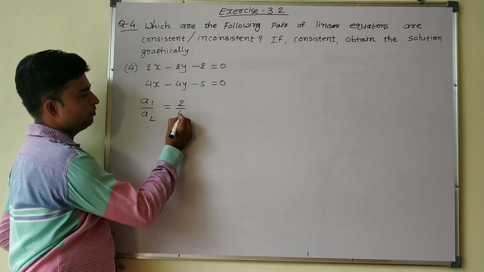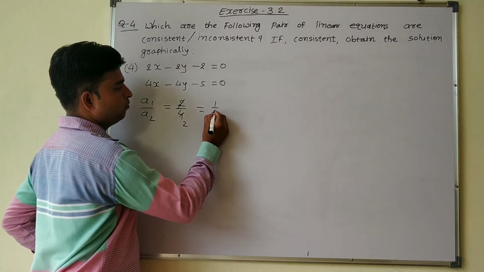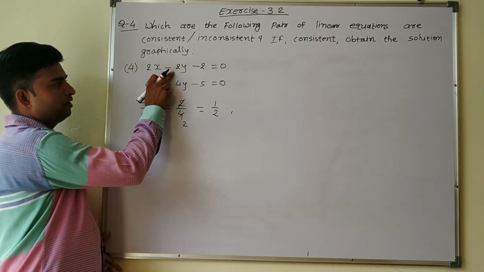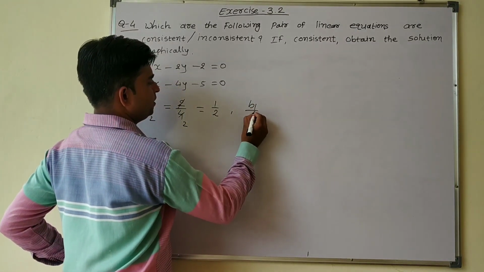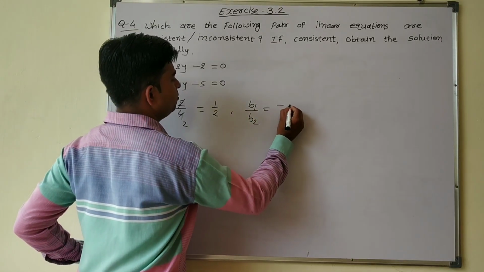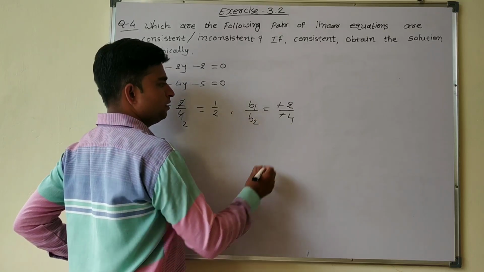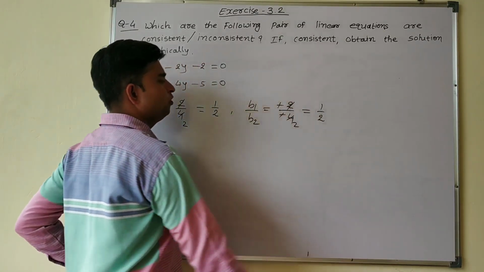So 2 upon 4, and 2 2s are 4, so it becomes 1 upon 2. Now second ratio, from here b1 is minus 2 and b2 is minus 4. So b1 upon b2 is equal to minus 2 upon minus 4. Minus minus will be cancelled, and 2 2s are 4. So it becomes 1 upon 2.